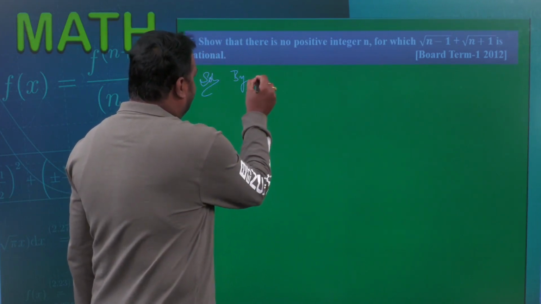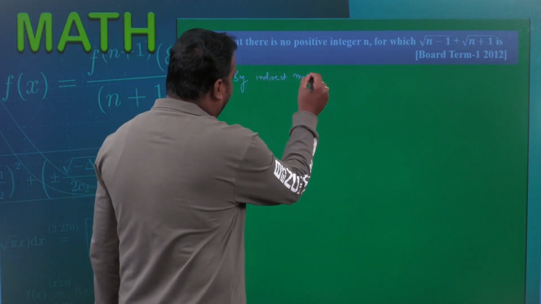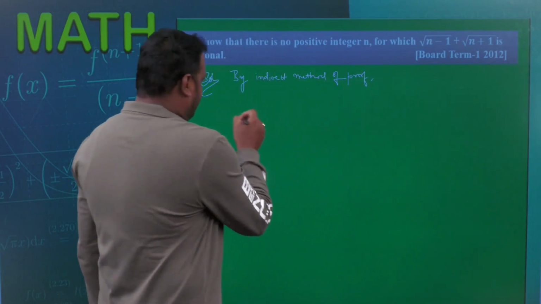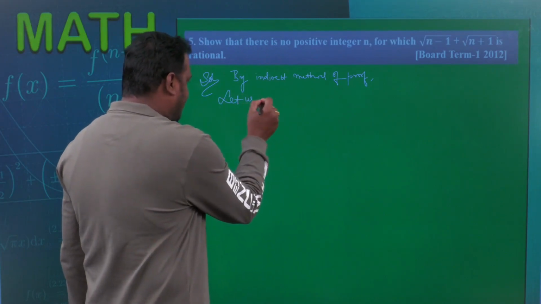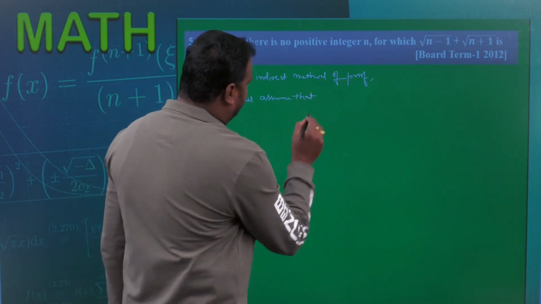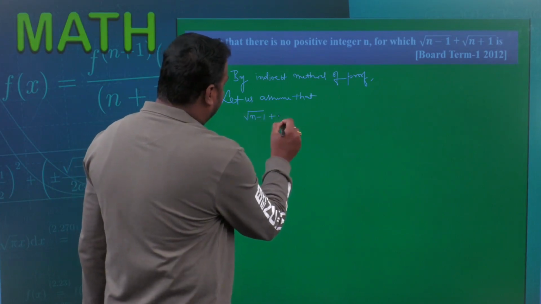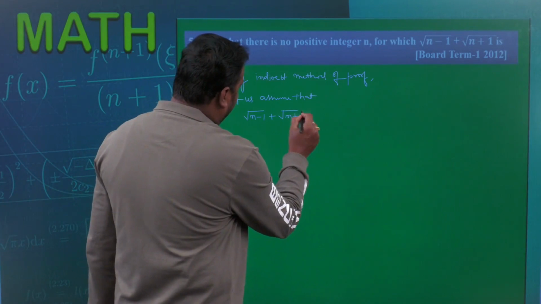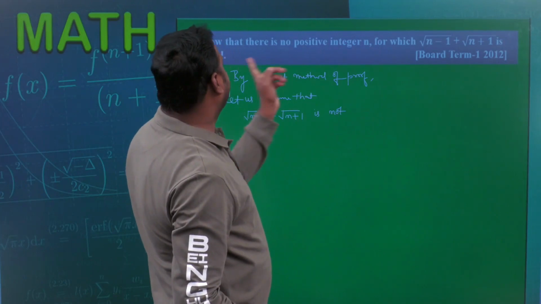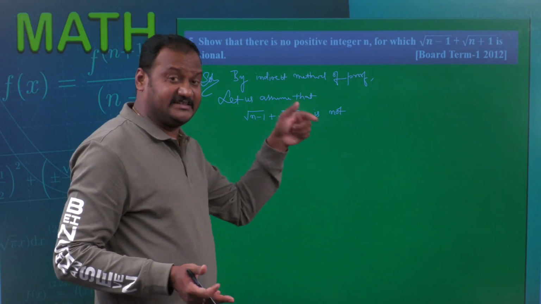So by indirect method of proof, let us assume that the number root over n minus 1 plus root over n plus 1 is not... see, we should prove that there is no rational number like that, but we are assuming that it is a rational number.